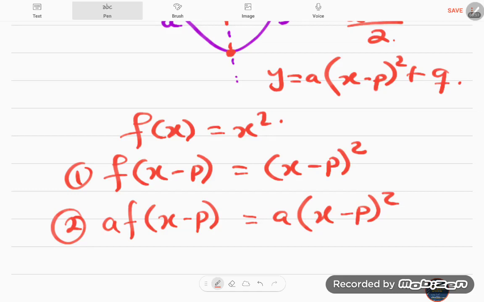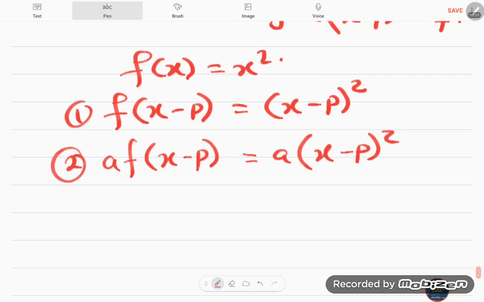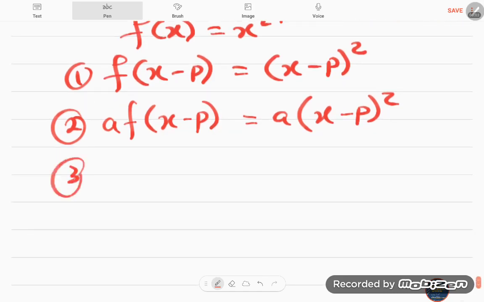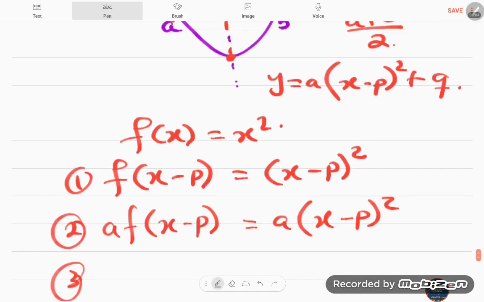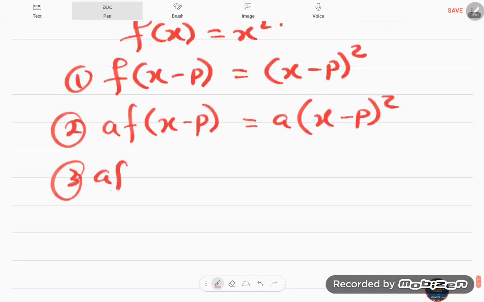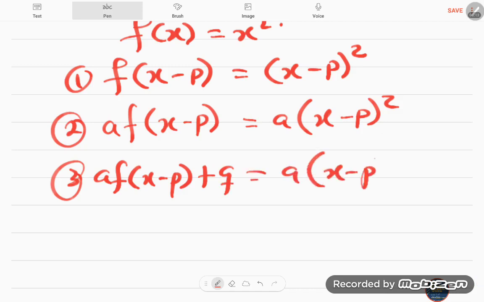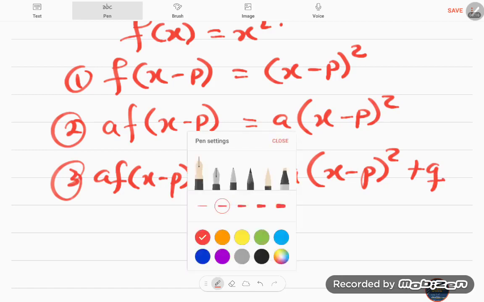And the third transformation is adding a q outside. This will then give us what we eventually have there. So that's three transformations. Let's look at them in more detail.